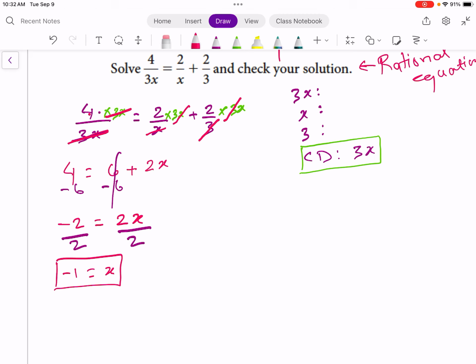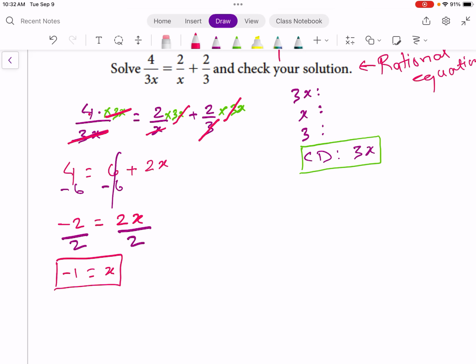Finding a common denominator means we are finding an expression that is divisible by each denominator. Once you have a common denominator, you use that common denominator to multiply every expression on both sides of the equation, and after that, simplification. Any question on this example?